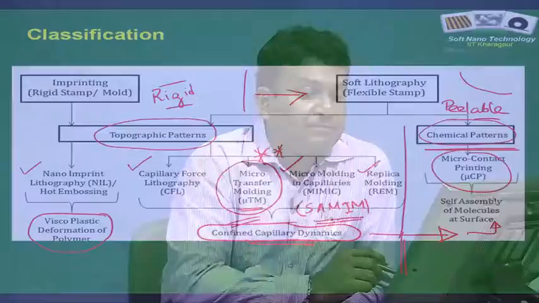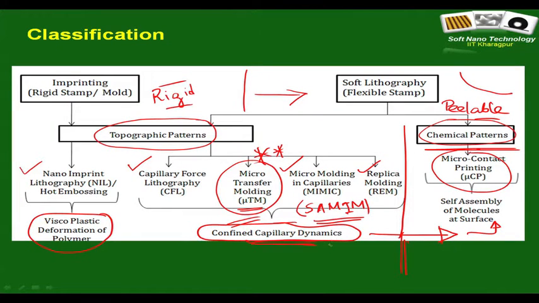They are not 2D structures, they are in fact 3D structures, we will see that. In all these techniques on this side of the diagram, the pattern replication takes place by means of confined capillary dynamics, and therefore, you typically do not apply a huge amount of excess pressure or force from outside.